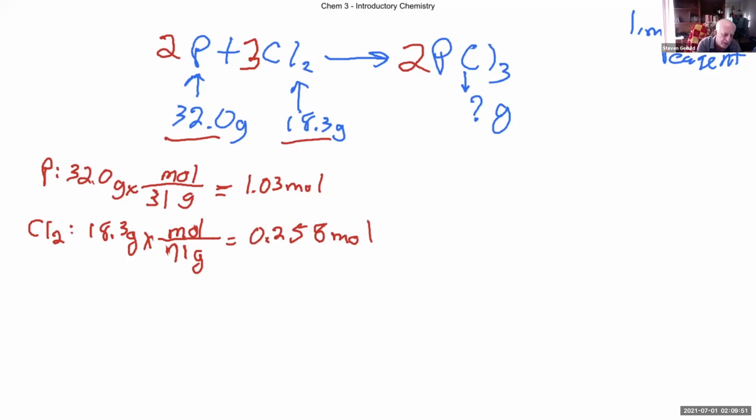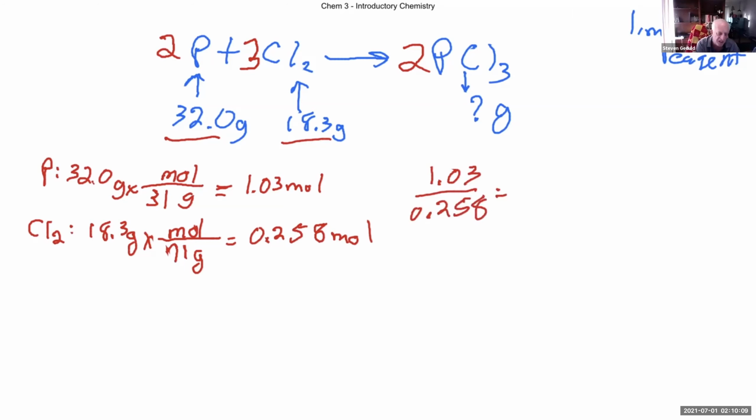So the way to do it is to set up a ratio. So you set up a ratio of, let's do phosphorus over chlorine. So it's 1.03 over 0.258. That's my ratio.